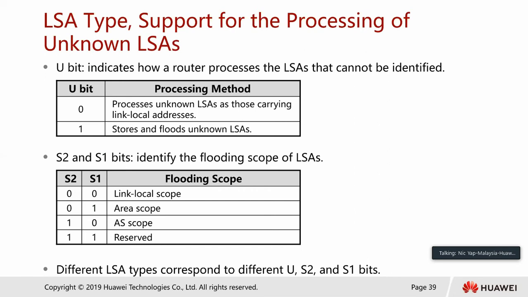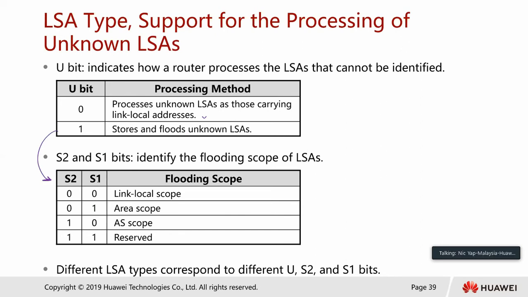In this case, how is it processed? With 0, process the unknown LSA as carrying link-local scope, and I will process it accordingly. With 1, I will store and flood the unknown LSA based on the S1 and S2 bits defined here.